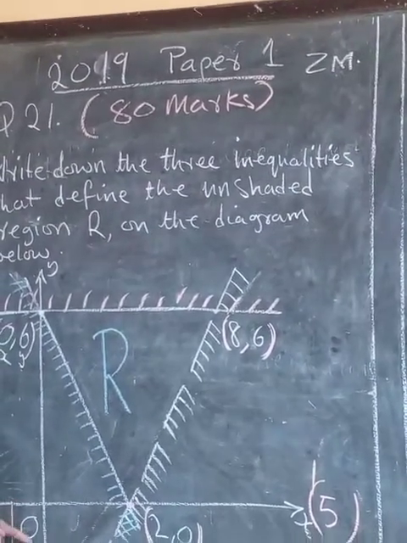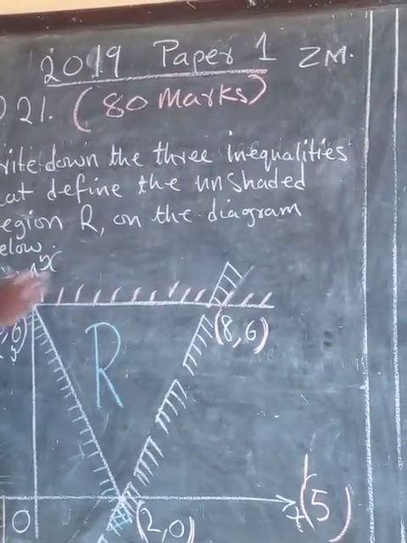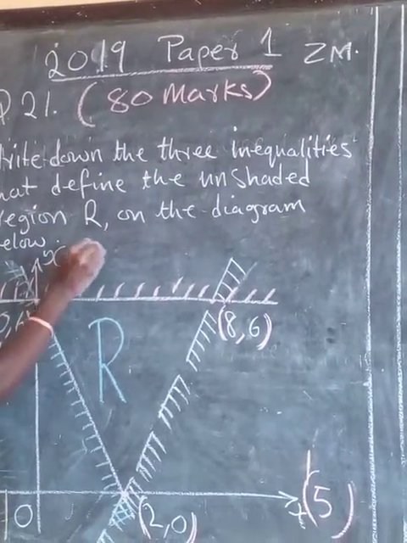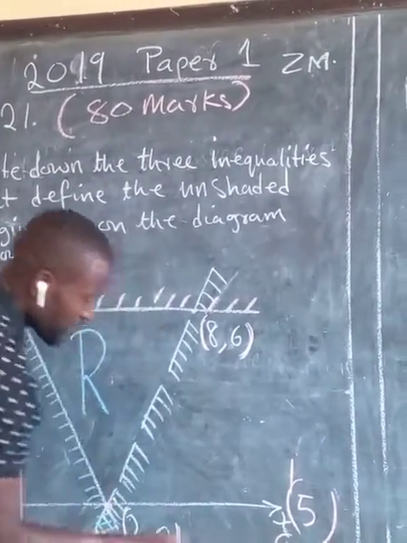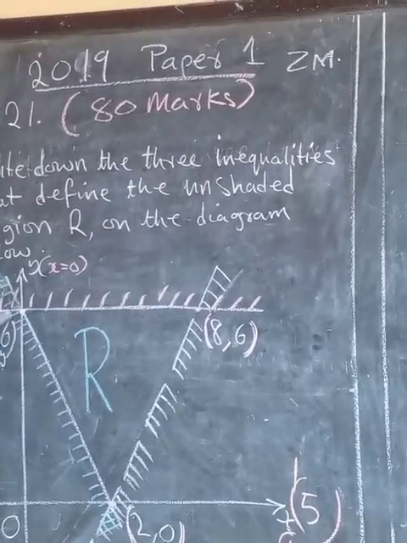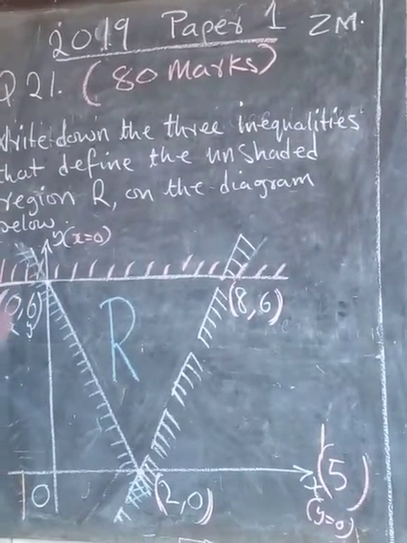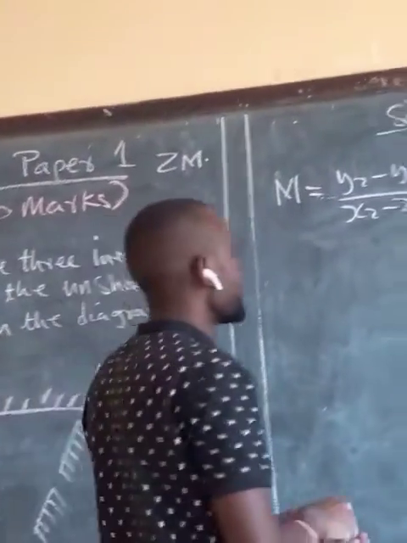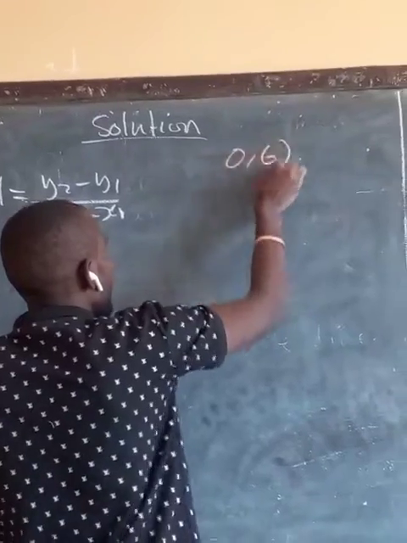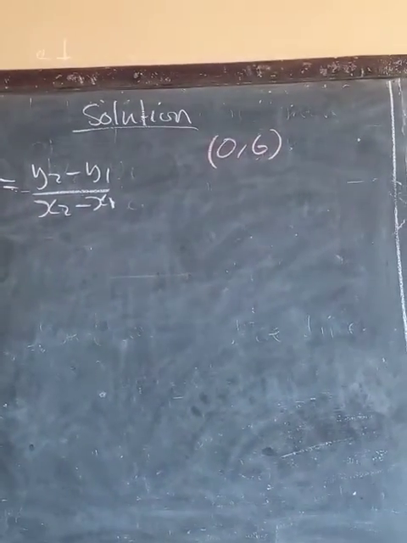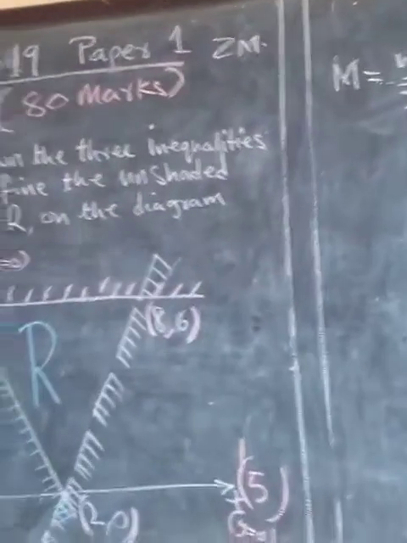We know that on the y-axis, x is equal to 0, and on the x-axis, y is equal to 0. Hence, if x is equal to 0 here, then this point is 6. So I have my coordinates 0, 6, for this line, the simplest one.